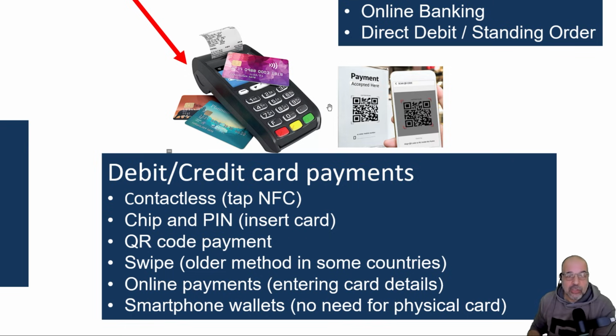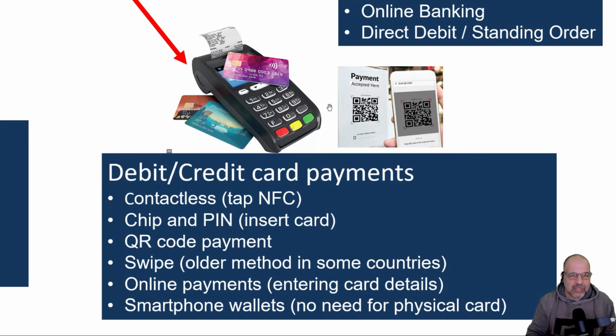Now, contactless uses NFC, or near field communication, and the way it works is very similar to RFID. If you've read about radio frequency identification, NFC works with the same principle. When you place the card close to the reader, the maximum distance, I think, is about 5 centimeters.